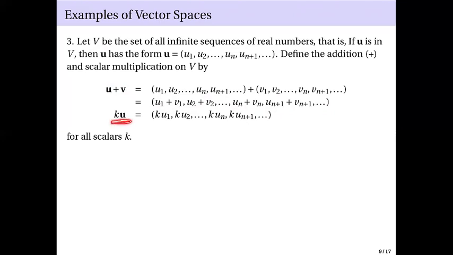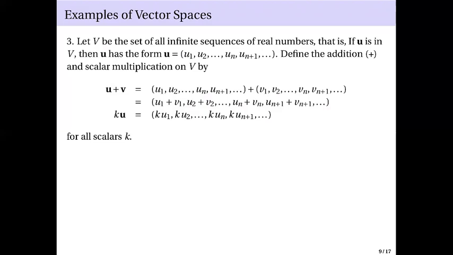Same is true with ku. This will be an infinite sequence, so ku will also belong to the set V. So axioms 1 and 6 are satisfied. For the other axioms, you can again verify them.